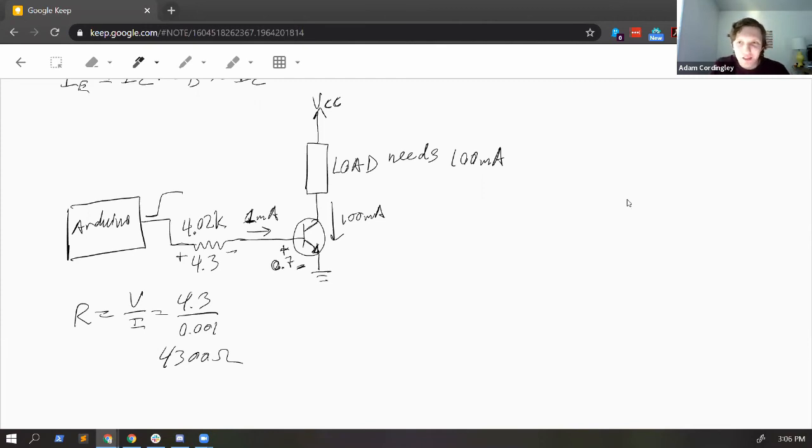I don't know, but it's a little more common to find 4.02K. So I'll make that resistor 4.02 kilo ohms, and we'll get a little bit more than a milliamp, and we'll make sure that BJT is really turned on, and you can power a load. So there's an example of using a BJT as a switch.